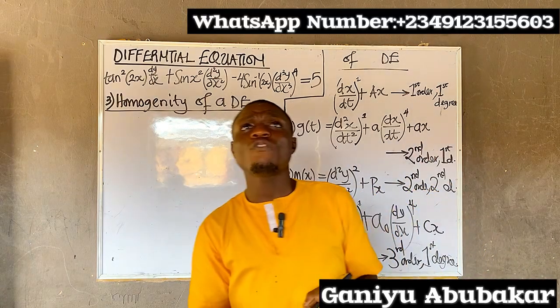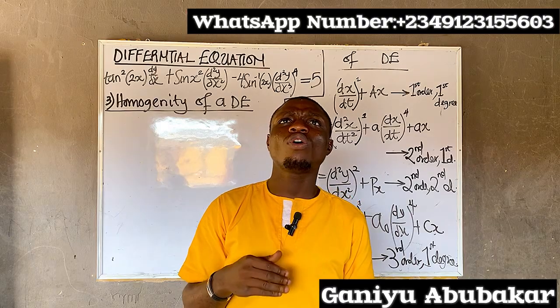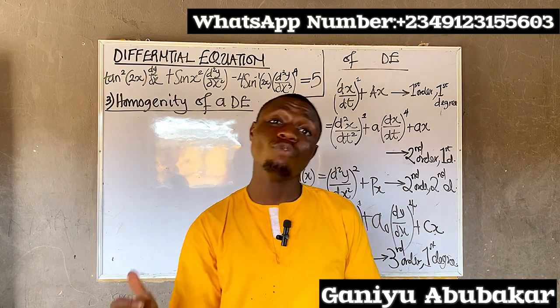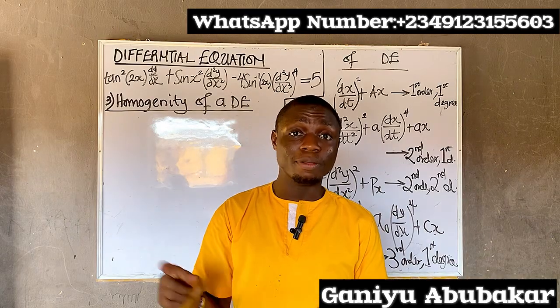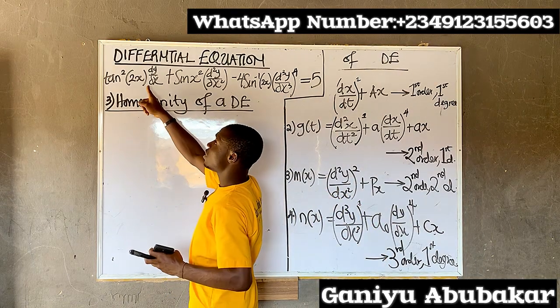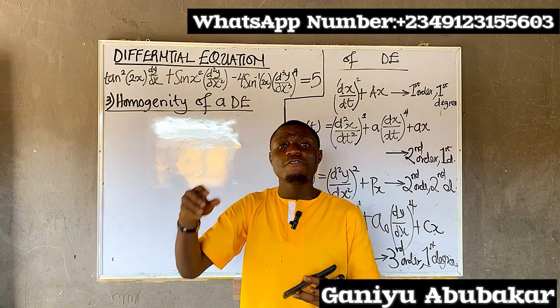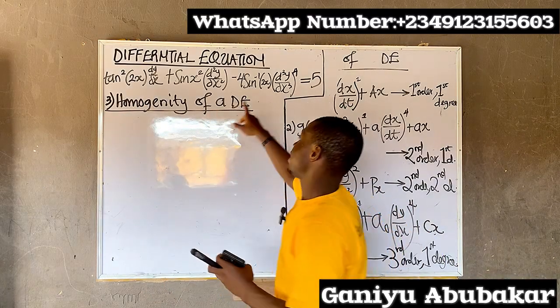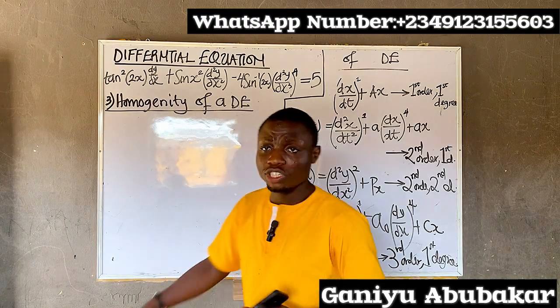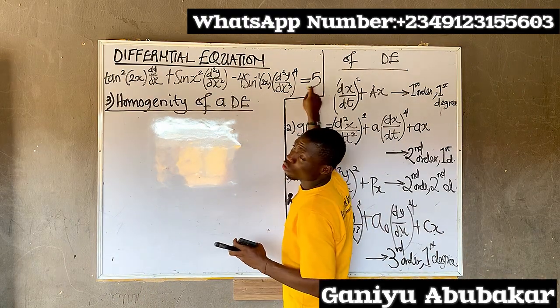So the idea of homogeneity boils down to, at a basic level, note that homogeneity depends on whether it's equal to 0 or not. In this case here, this is a non-homogeneous equation, because it is not equal to 0.